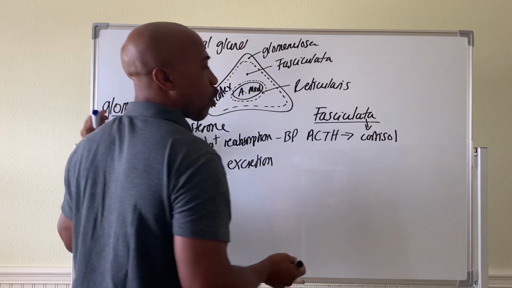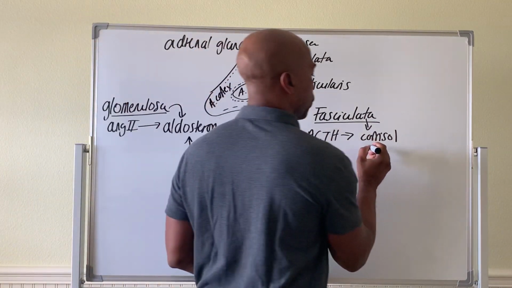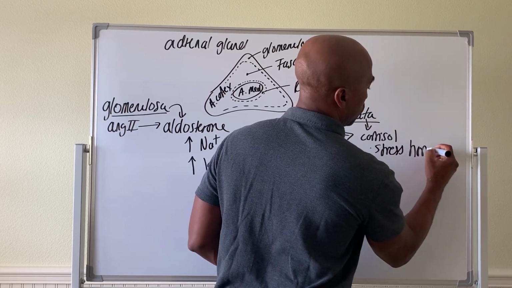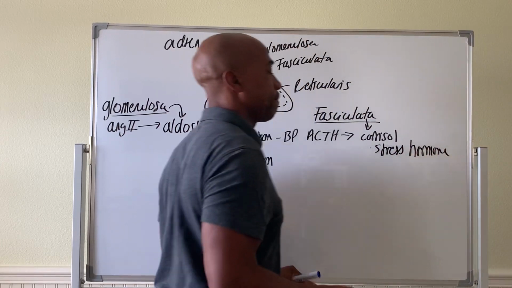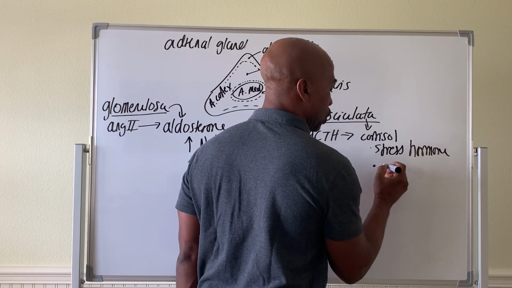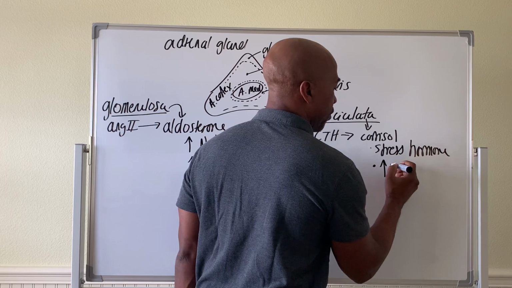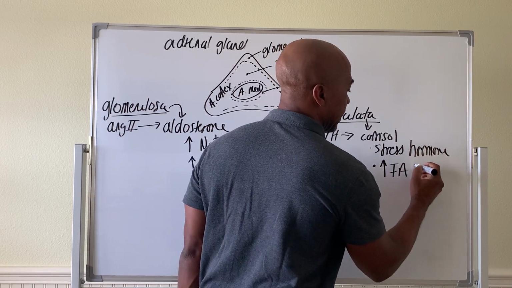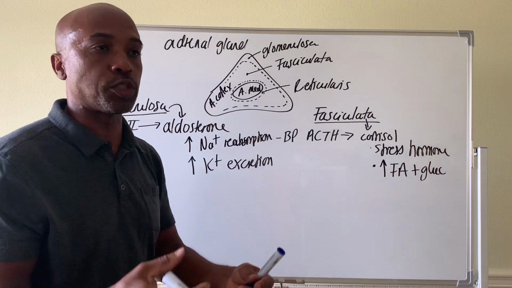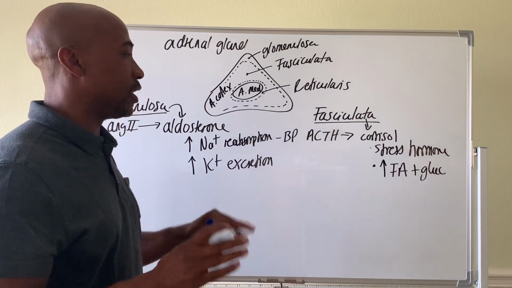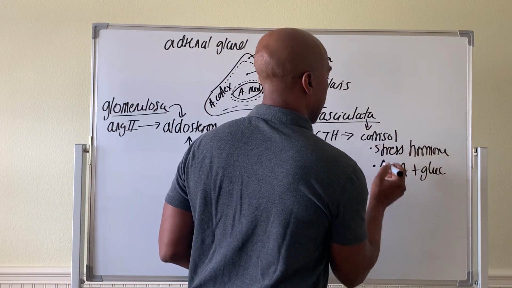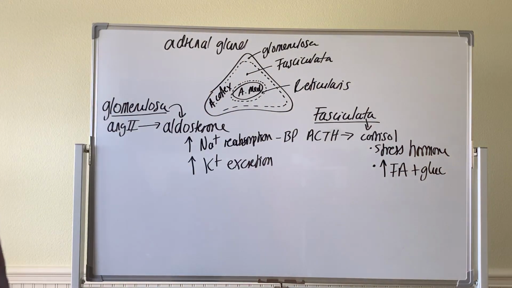Cortisol in turn is what we call your stress hormone. Whenever you're stressed, this hormone goes up. When it's active, it causes you to increase the amount of fatty acids and glucose in the blood, so you have energy substrates to make ATP to deal with the emergency. And in the long term, cortisol has some effects there.